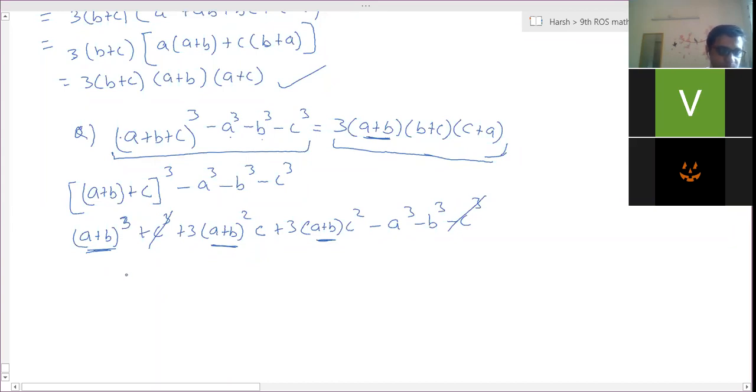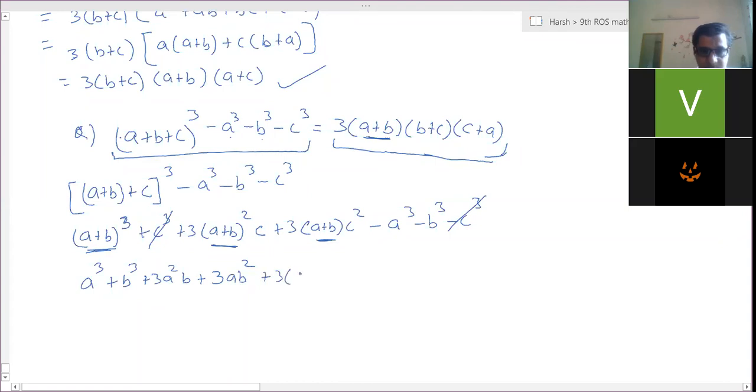A cube plus b cube, sorry, sir, plus 3a square b plus 3a b square. Okay.